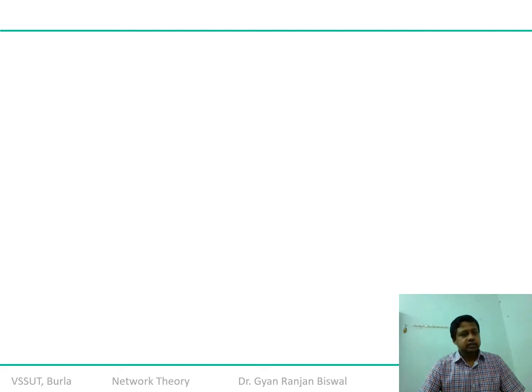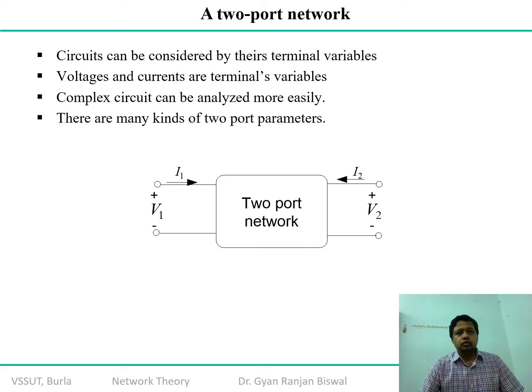Now let us jump to our discussion of our dedicated topic, that is your two port network. As you can see in this demonstration, there is a network which has a dedicated input port, and symbolically for our better understanding, let's say the input node is terminal 1 1 dash and the output node is terminal 2 2 dash.